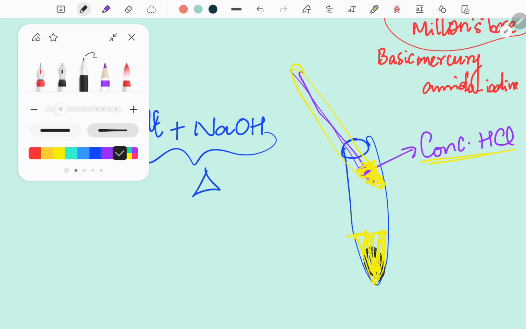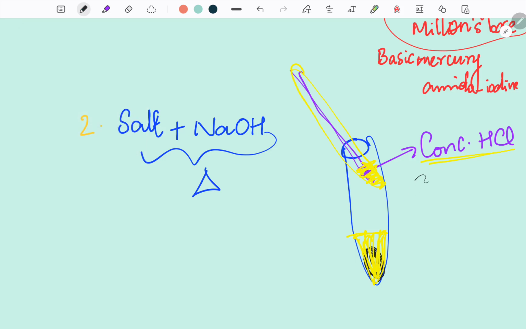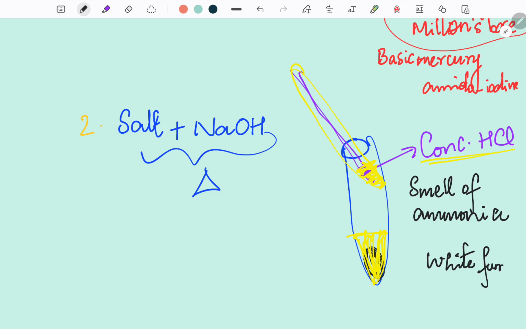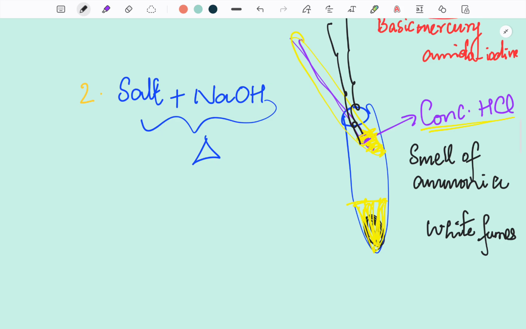And when you are doing so, if you are able to get the smell of ammonia, an ammoniacal smell, and also if you are getting white fumes from the test tube, then that means ammonium ion is confirmed or it is present. So this is the second confirmatory test.